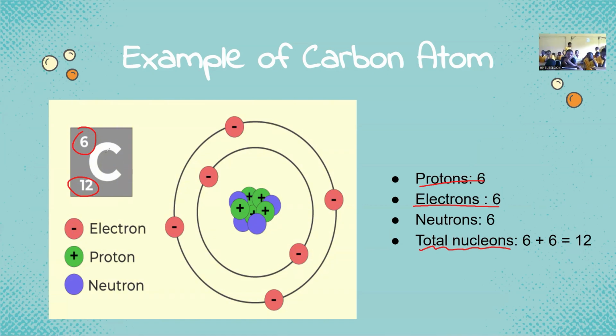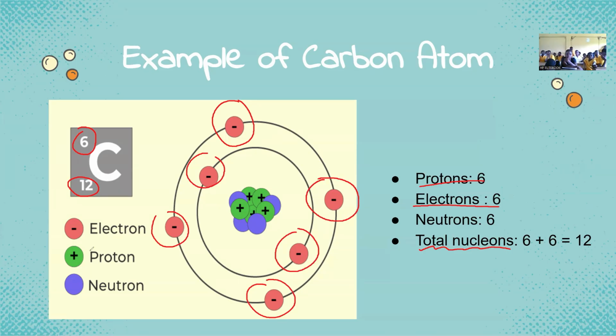So if carbon has 6 protons, 1, 2, 3, 4, 5, 6, and the mass is 12, 12 minus 6 equals 6, right? So there should be 6 neutrons.